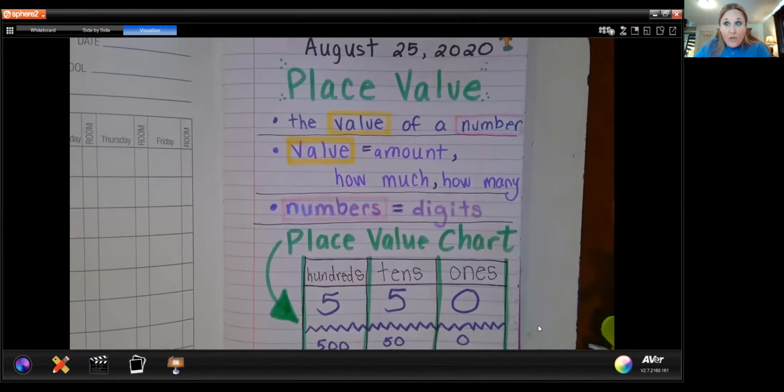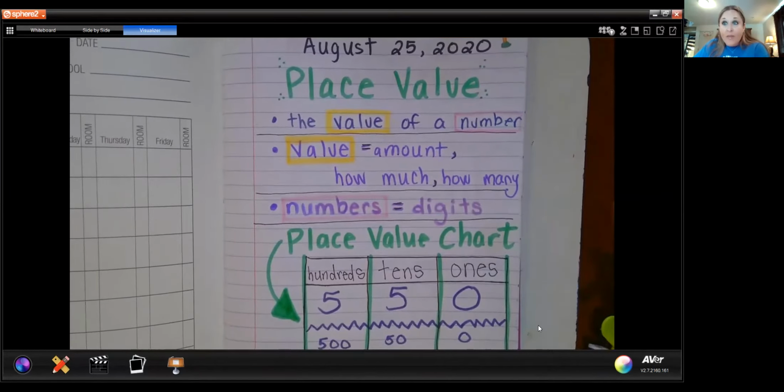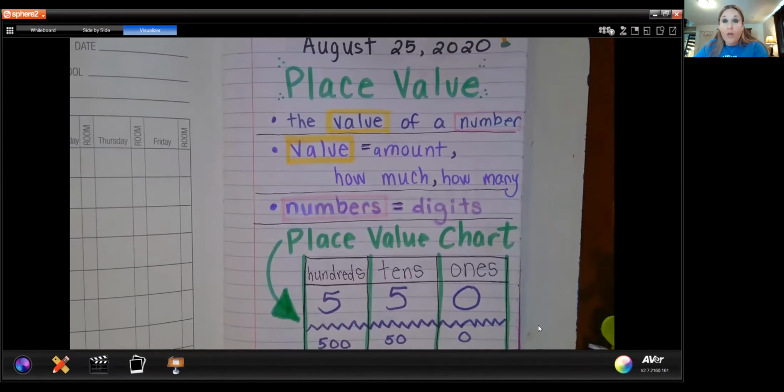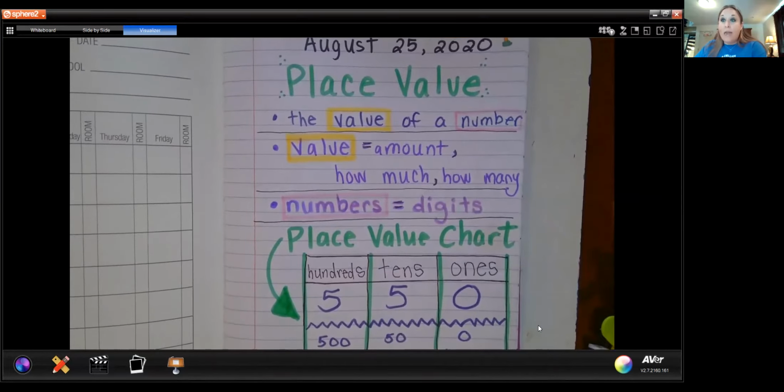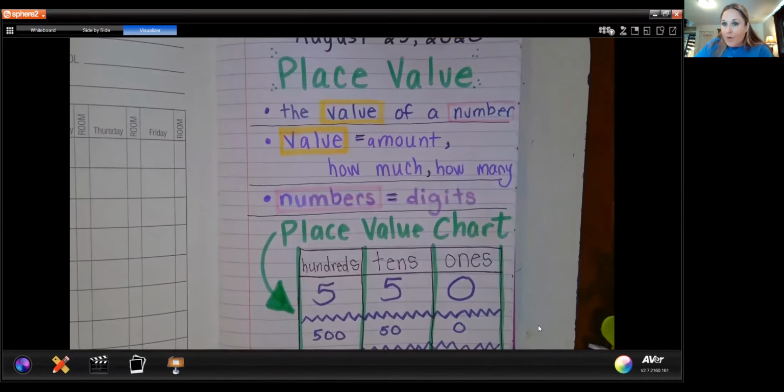Although this is not a new idea for you, you have been learning the idea of place value for many years in school. So place value is the idea of the value of a number, how much a number is worth. What is the amount of a number? Okay, what is the worth?